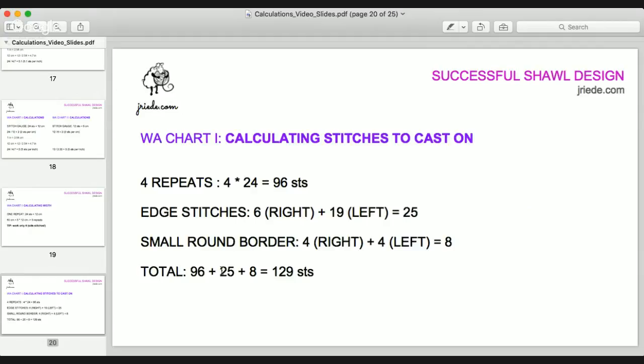Then we got an additional 25 stitches for the edges or side stitches, and an additional 8 for the small round border, which is the edging in this case. And 96 plus 25 plus 8 is 129 stitches in total. So this would be the total number of stitches we need to cast on for this design.